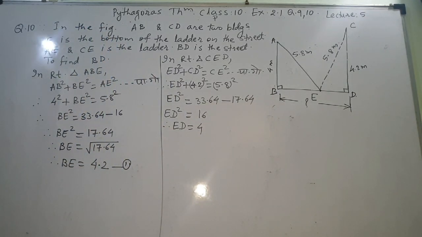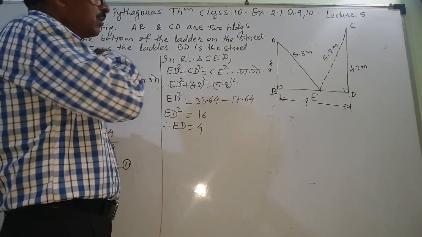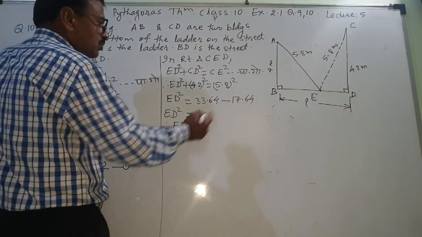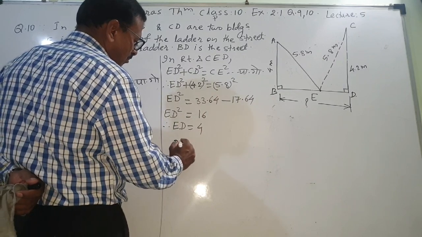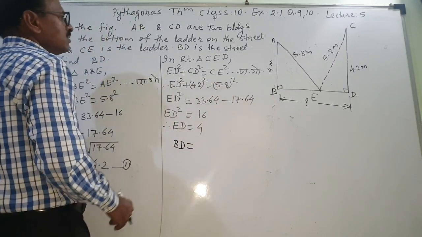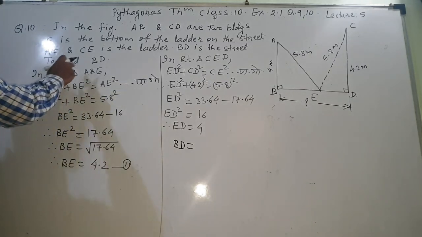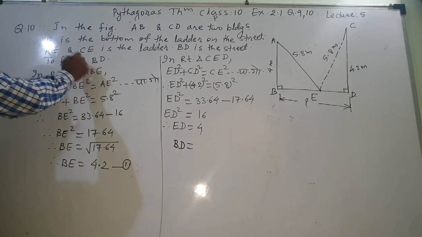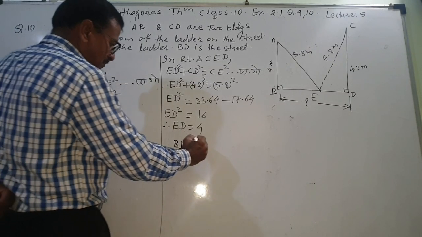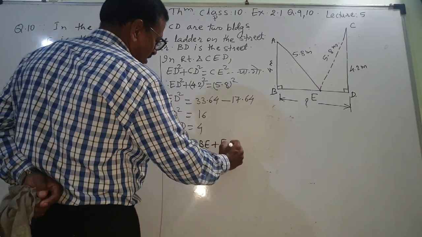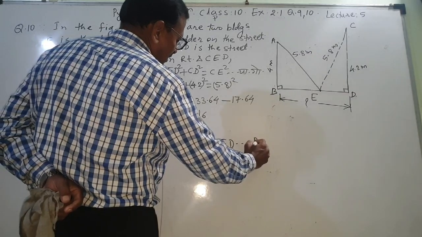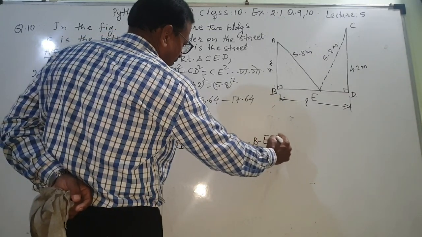What else is remaining? We want BD. Here we have written BD is equal to find. BD is equal to BE plus ED. Reason, B-E-D.